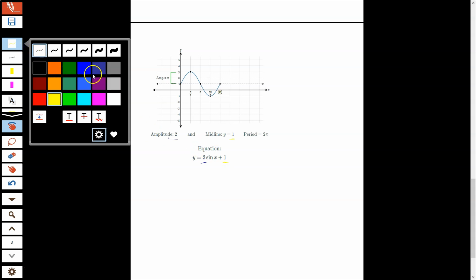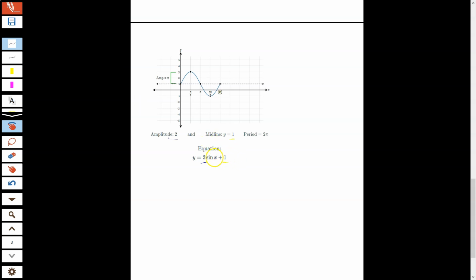And period, most of these will have the same period, so your standard 2π period. Period is related to this parameter in front of the x inside the function. So that stretches the function out or compresses it. Okay. So capture this and then jump in. I think you'll have an easy time with this to start.